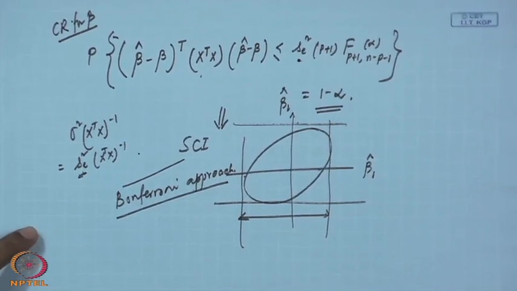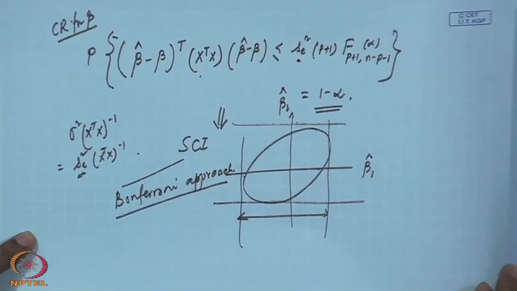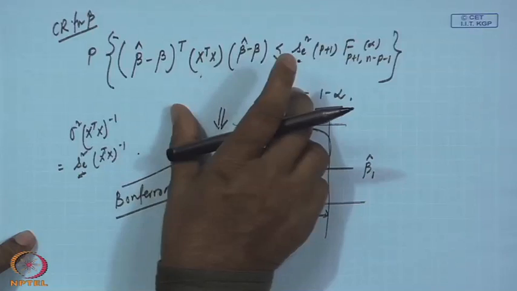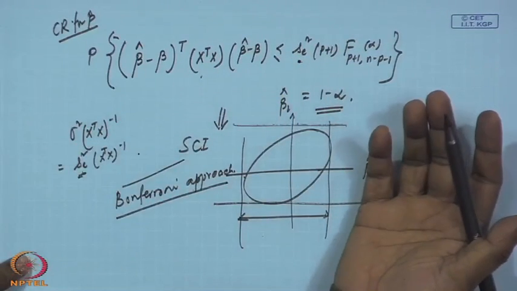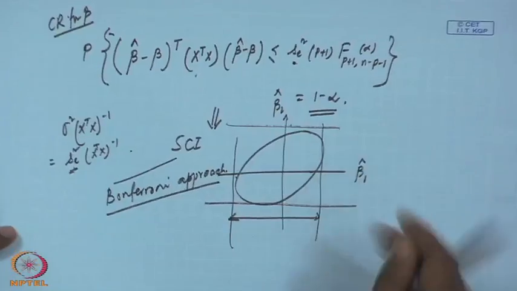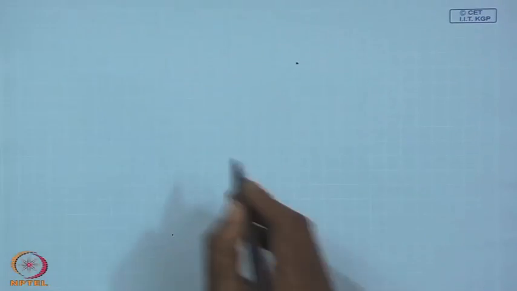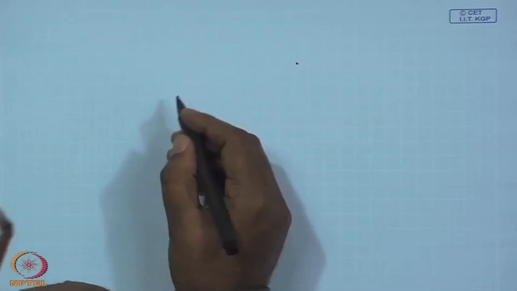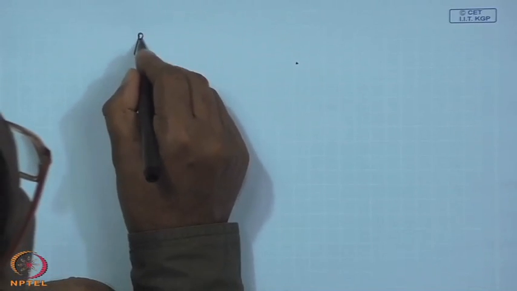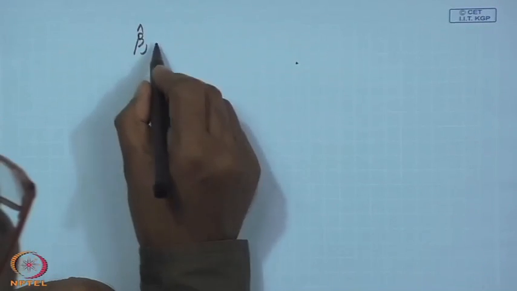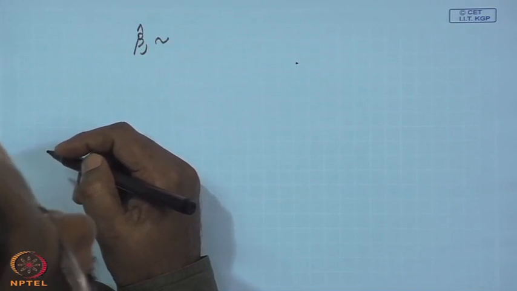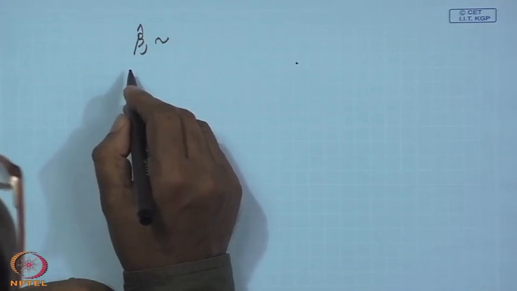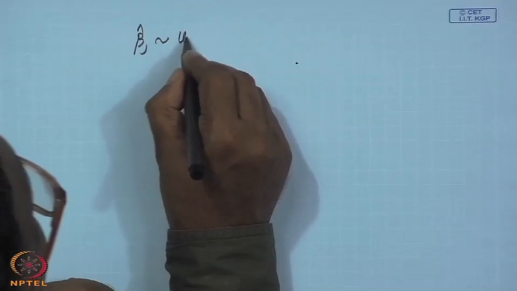And in regression, when you test individual parameters, interestingly this situation arises: if I go for beta j cap instead of beta cap, what will be its distribution? This will be univariate normal, one variable. So this will be univariate normal.